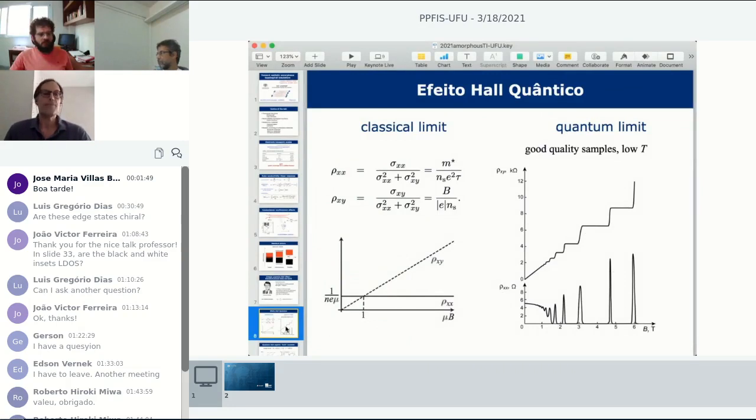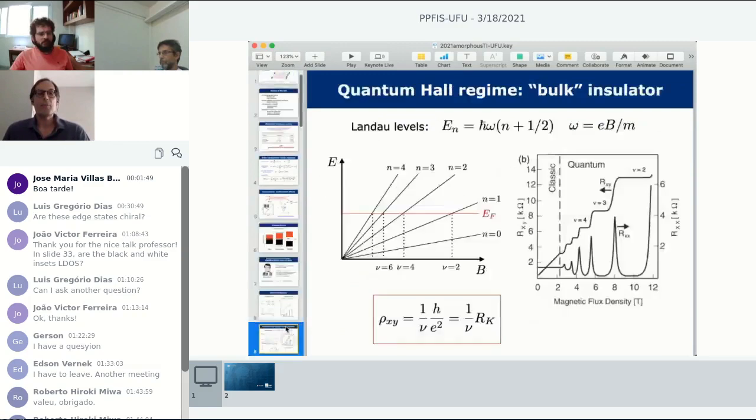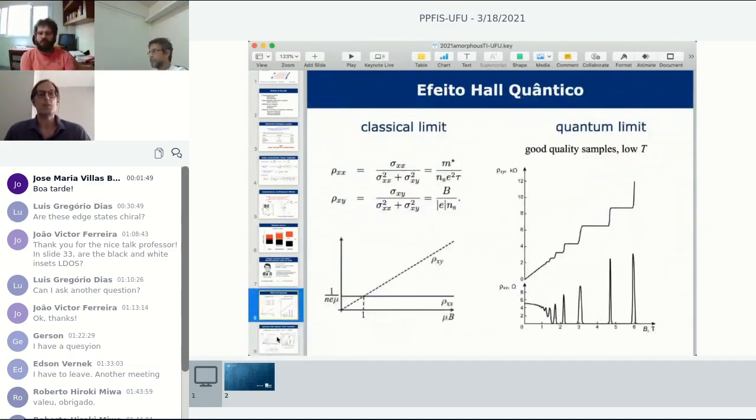Okay, nice and interesting. So how do you explain that with the standard picture? Actually, you don't. And this is another view graph of what happens. You basically have these interesting levels here, the Landau levels, that explain more or less the position of these peaks.